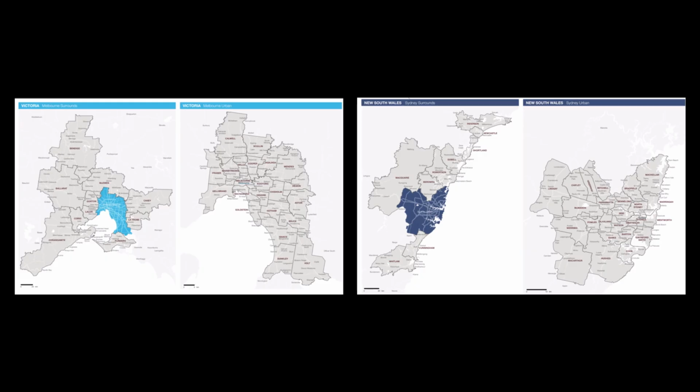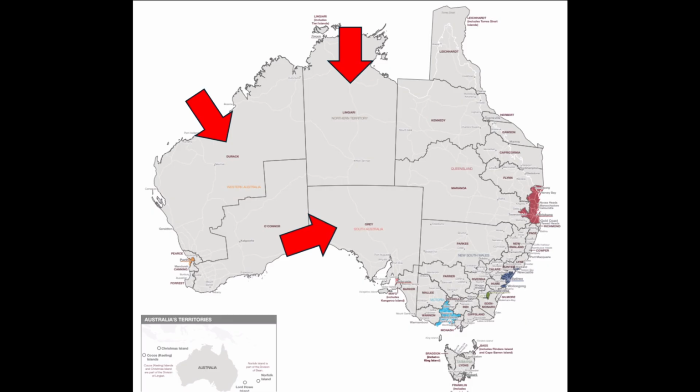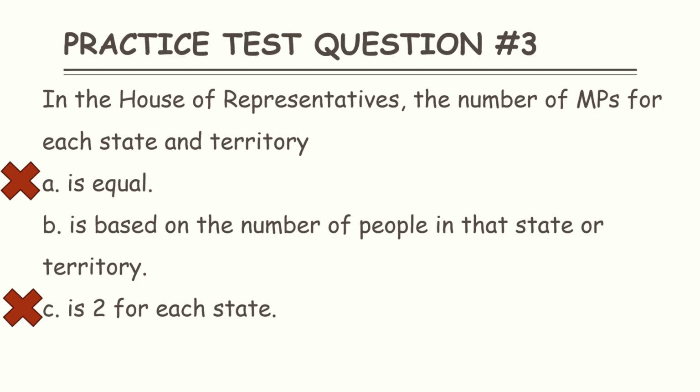There are more electorates in areas with high population density, such as urban Victoria and New South Wales, and fewer electorates in rural areas where there aren't as many people. C, 2 for each state, can't be correct either if electorates are formed based on population density.